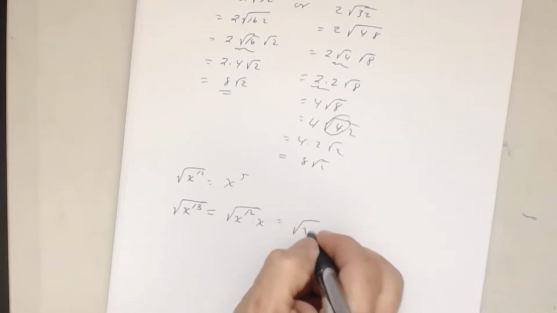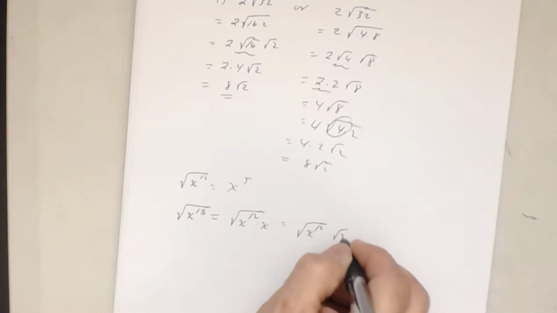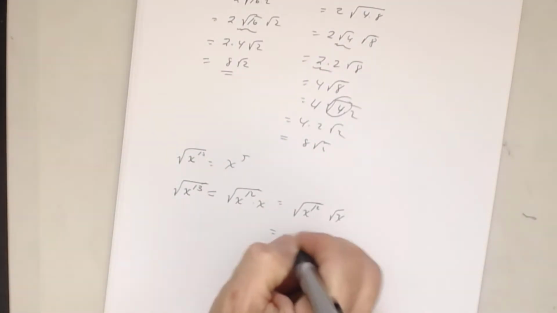But then just like we've been doing here, this becomes the square root of x to the 12th times the square root of x. And what's the square root of x to the 12th? X to what power? X to the 6, right? So it'll be x to the 6 times the square root of x. Okay?